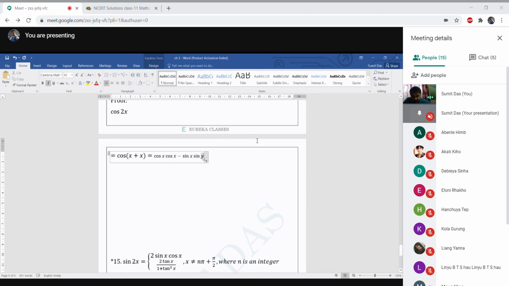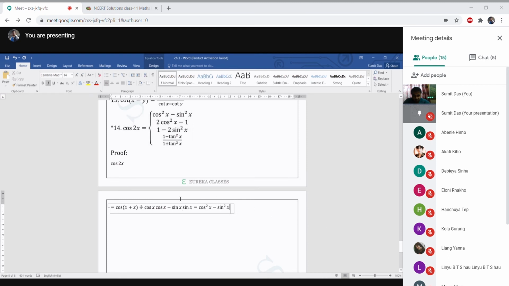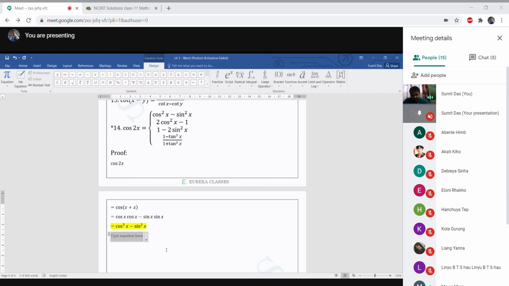Simplifying this, cos x into cos x will be cos square x, minus sin x into sin x, it will be sine square x. So the first one we proved, we got one formula: cos square x minus sin square x.